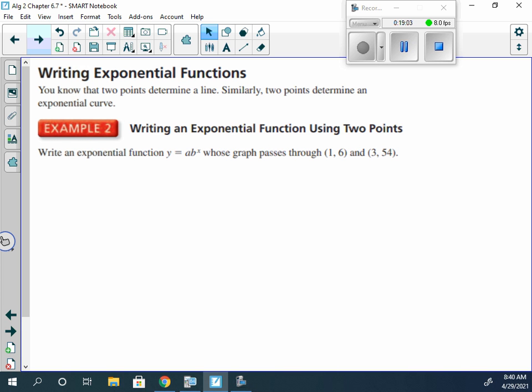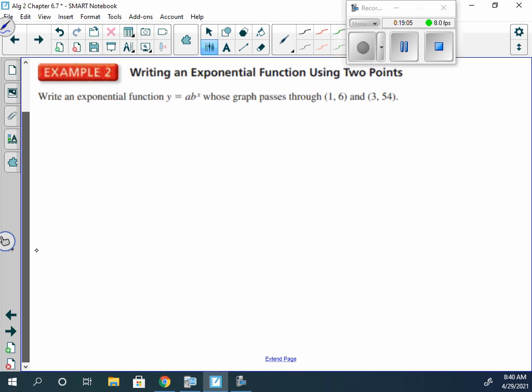So when we look at this here, write an exponential function, y equals a times b to the x, whose graph passes through these 2 points. Our first point that we're given is 1, 6. So the x value is 1 and the y value is 6.